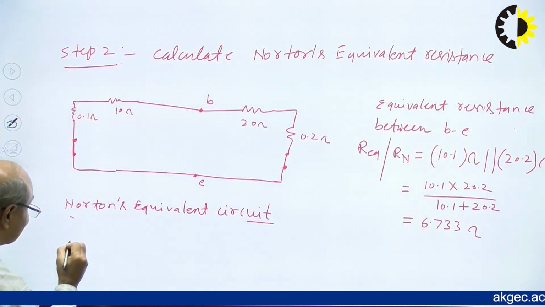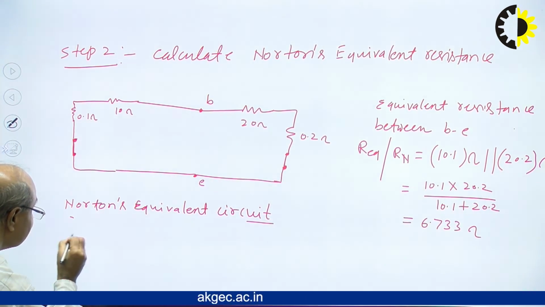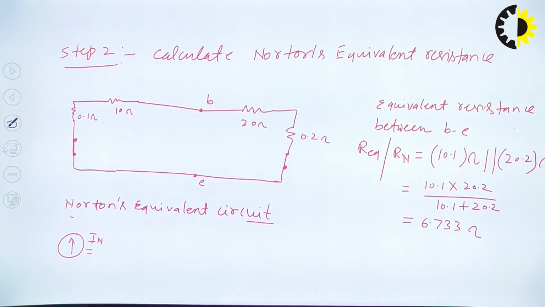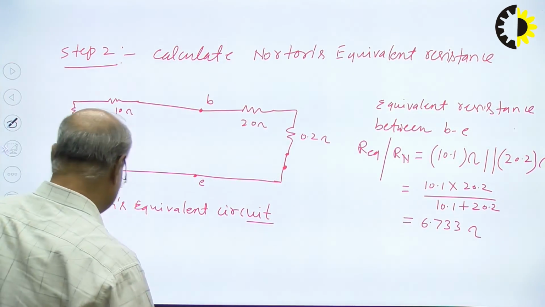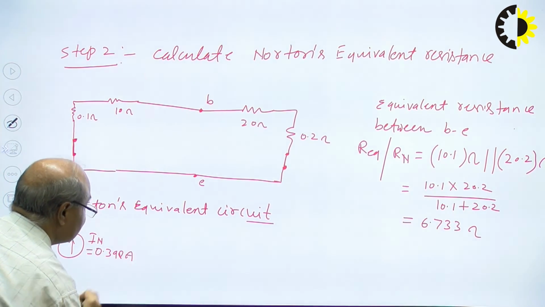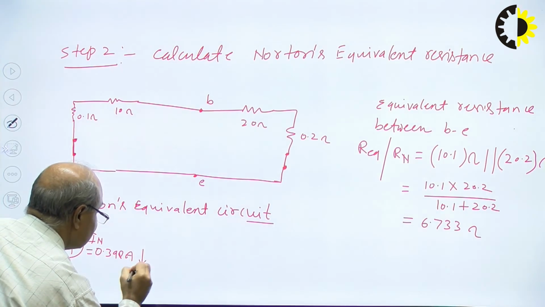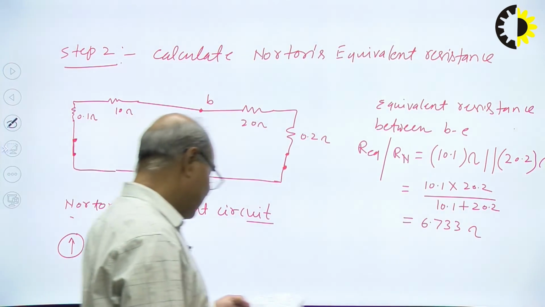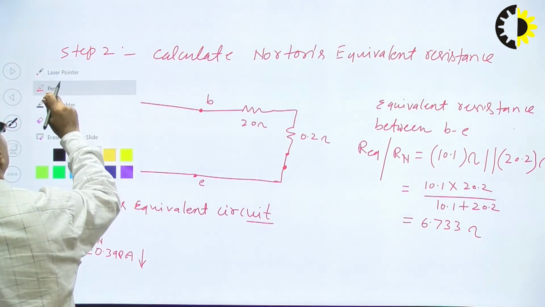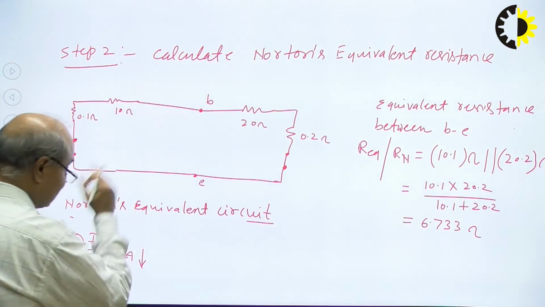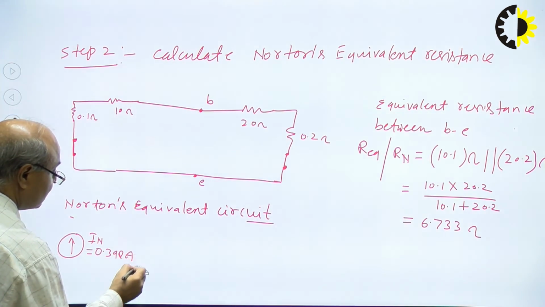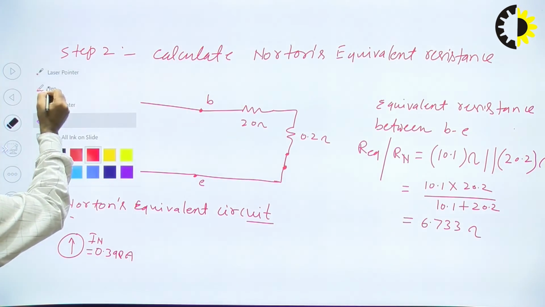What will be Norton's equivalent circuit? Here is IN, a current source IN, and we have calculated its value, 0.398 ampere, and it is downward. Here it is not needed to write downward or upward, because in an equivalent circuit it is not necessary to write this, right.